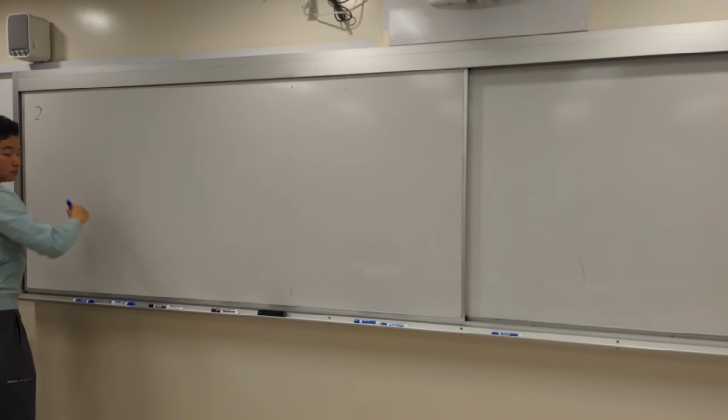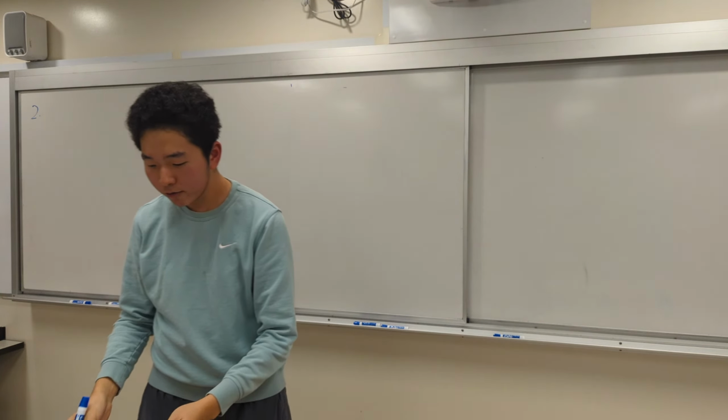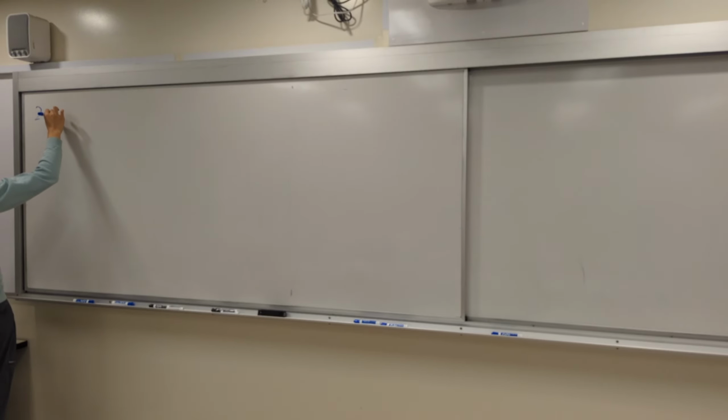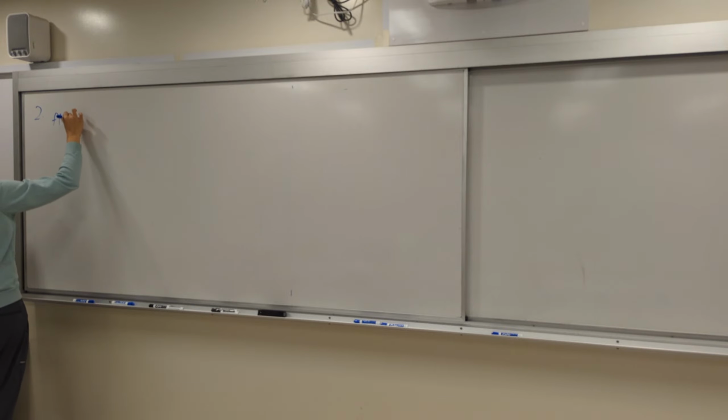Number 2. So this is chapter 1.1, number 2. If f of x is like that, what is the value of k? So what do we got here, guys? What do we call these types of functions?